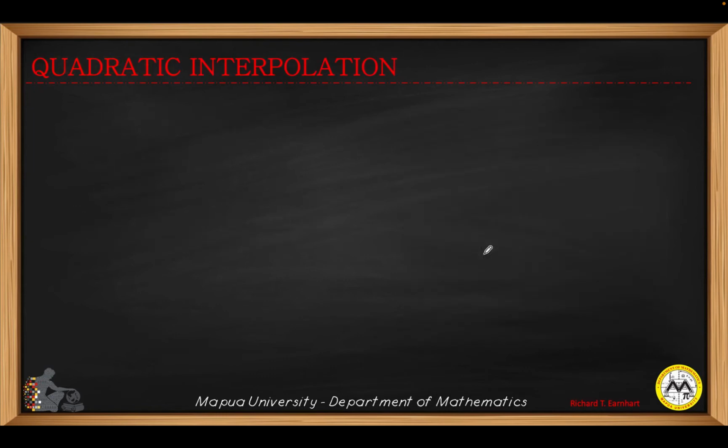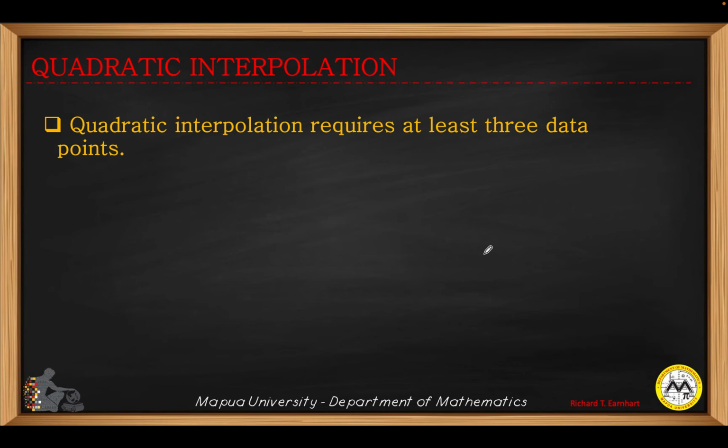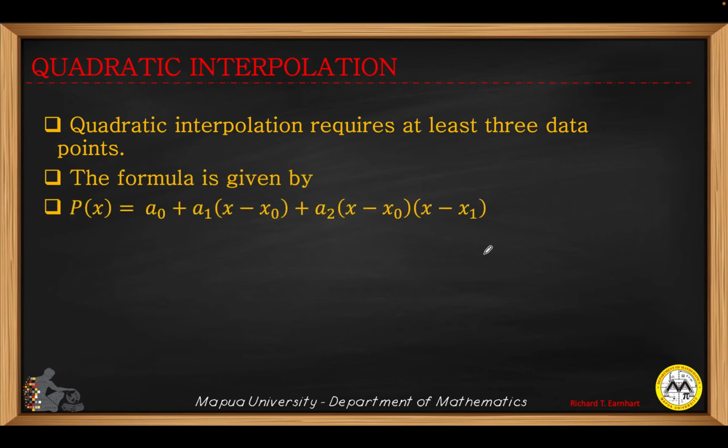Okay, let's have a quadratic interpolation. Quadratic interpolation requires at least 3 data points, unlike linear interpolation. The formula is given by the following. Your a sub 0 is f of x sub 0, where x sub 0 is the initial value.